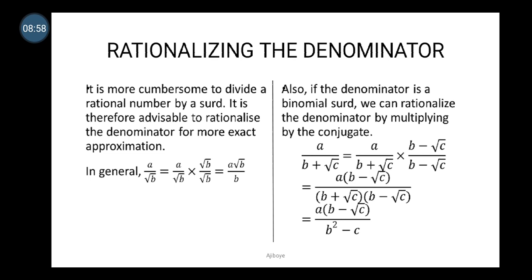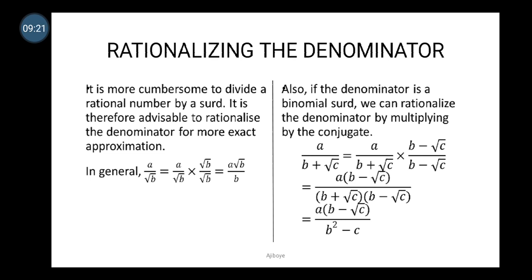Don't forget that we can as well have a binomial surd, and therefore we also need to rationalize the binomial surd as denominator. So in that case, we will multiply by its conjugate. For example, if the denominator is a binomial surd, we can rationalize the denominator by multiplying by the conjugate.